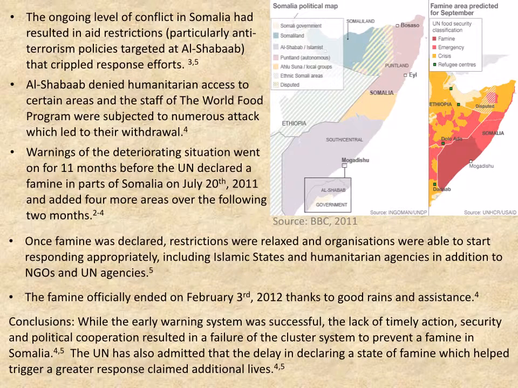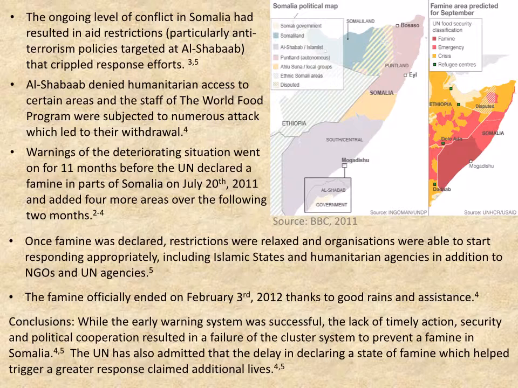Unfortunately, the ongoing level of conflict in Somalia had resulted in aid restrictions, and these were particularly anti-terrorism policies that were targeted at Al-Shabaab, which is considered to be a terrorist organization that is in control of a lot of the area. And this really crippled the response efforts.